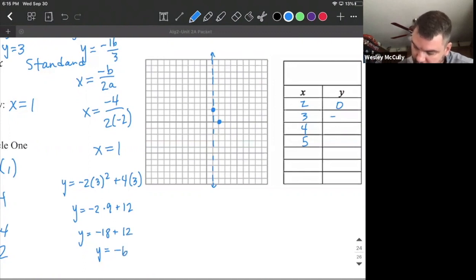So (3, -6), which is right. Let's see, 1, 2, 3, 1, 2, 3, 4, 5, 6. And it looks like that's all I'm going to be able to do. 4 will put me way off the graph. So now I will just reflect. 1, 1, 2. And I will have this parabola right here.